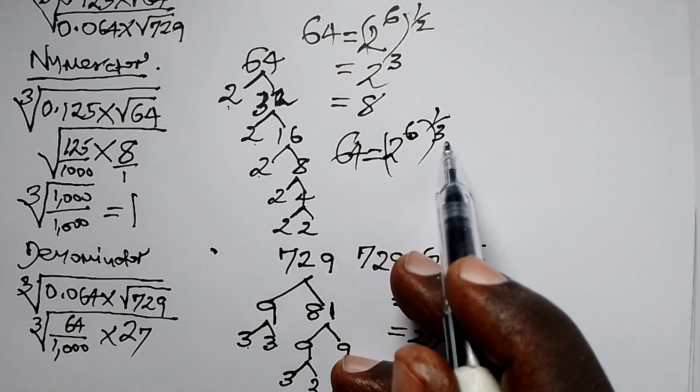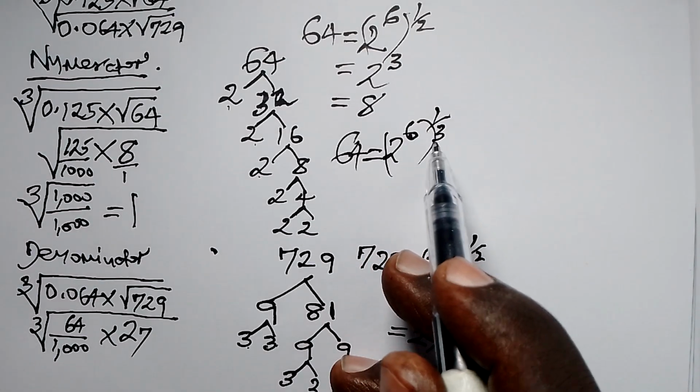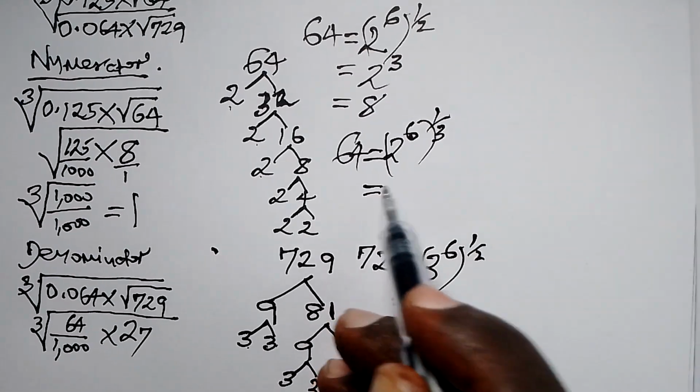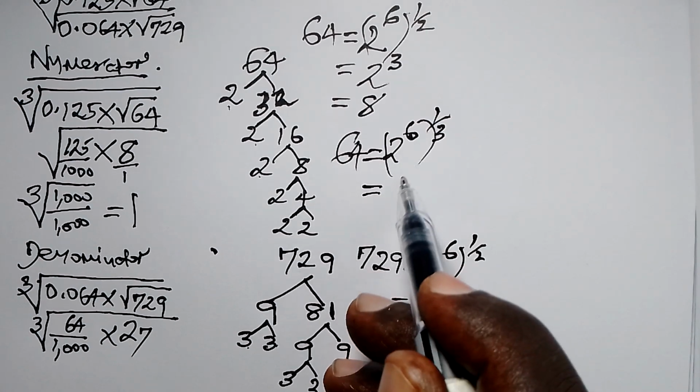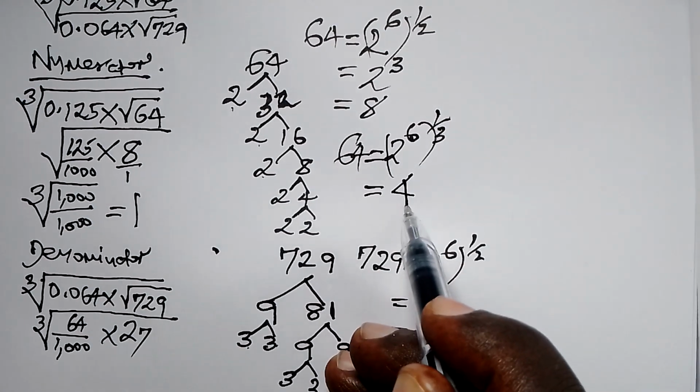And when you multiply by a third, 6 divided by 3 gives you 2. So the cube root of 64 will be given by 2 squared, which is equal to 4.